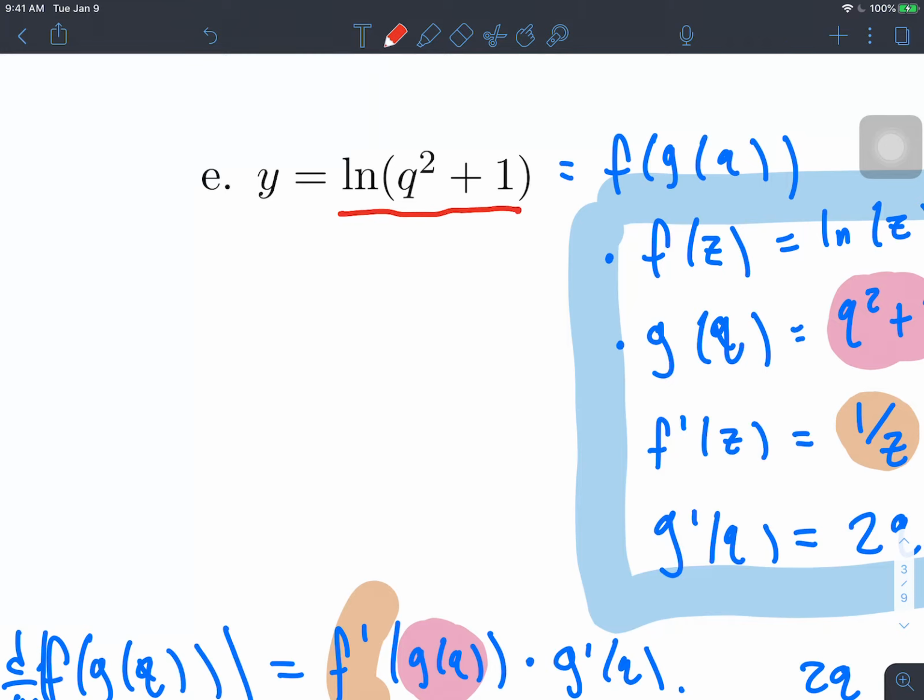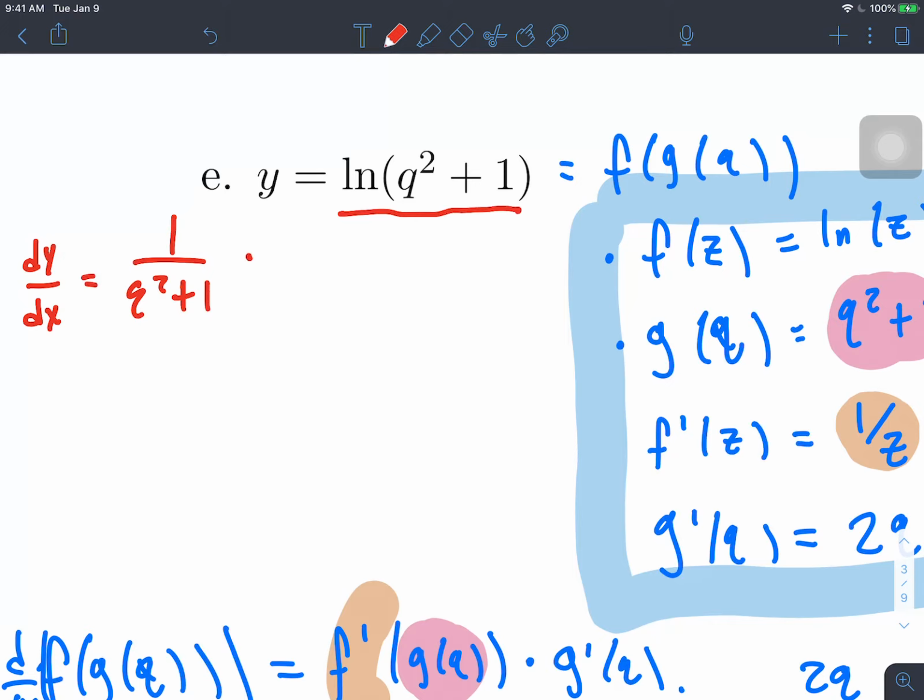So the way that I would do that is I'd look at this and say, okay, dy dx, that's the same way of saying f prime. dy dx is just going to be equal to 1 over q squared plus 1. That's where I did the derivative of ln and left q squared plus 1 alone.